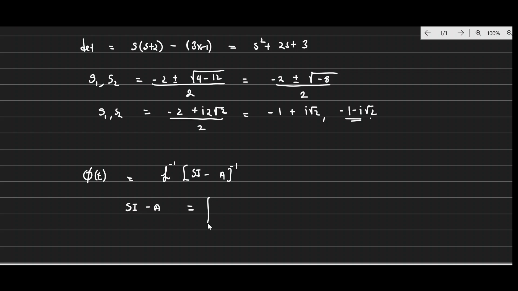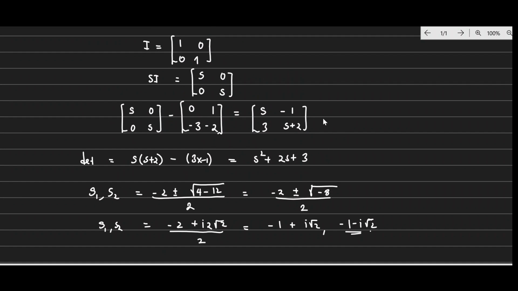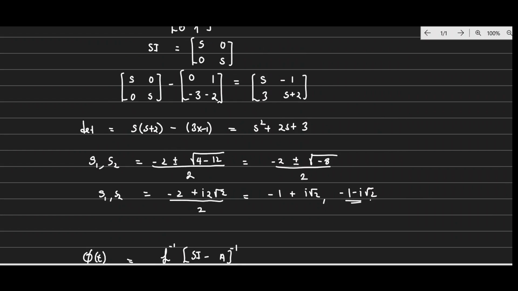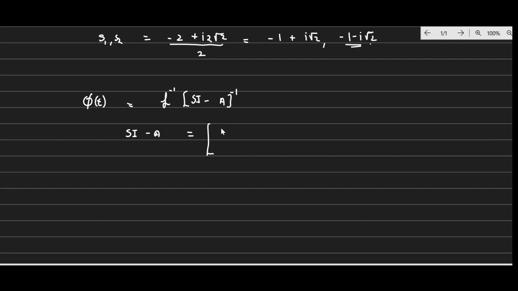What was sI minus A? This matrix here, which is s, negative 1, 3, s plus 2. Now that is sI minus A. Now let us find the inverse of it.